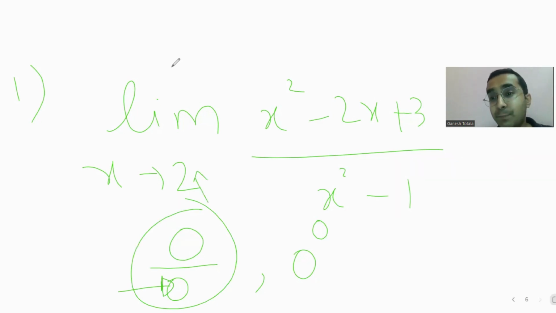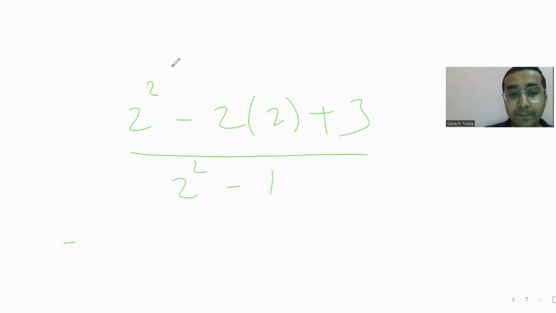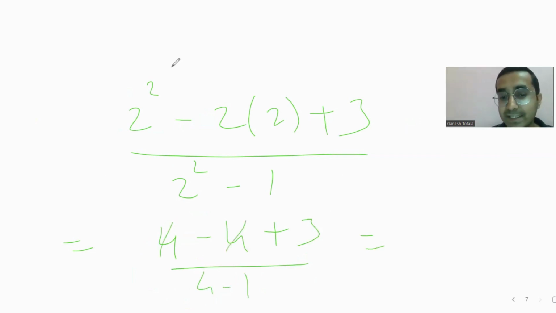So just let's put the value of x as 2. So we get 2 square minus 2 into 2 plus 3 divided by 2 square minus 1. So 2 square is 4 minus 4 plus 3. Answer is 4 minus 1. So it will be 4 and 4 gets cancelled. So we have 3 upon 3. Answer is 1.